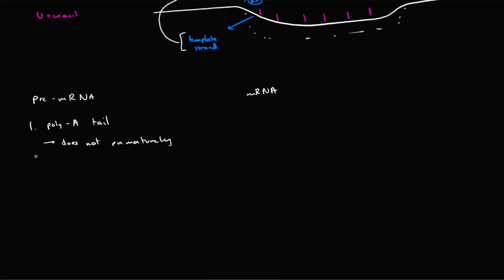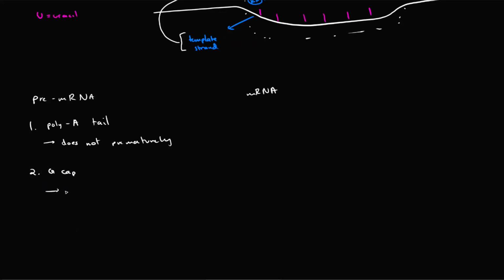The second thing that needs to be added onto the pre-mRNA in order to turn it into an mRNA is a G cap, also known as a guanosine cap. This adds a set of G, guanosine, in a modified form to the beginning of the pre-mRNA strand.